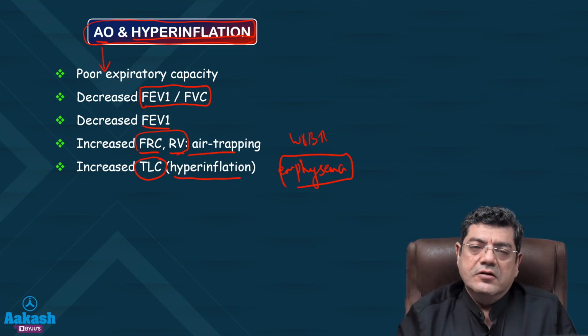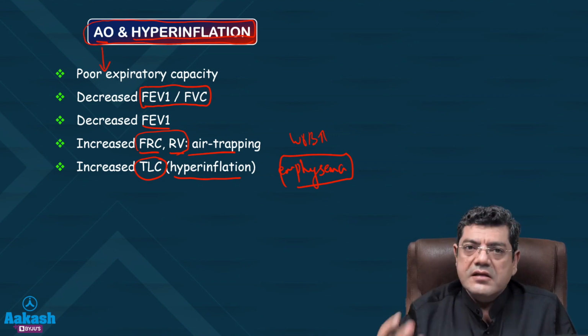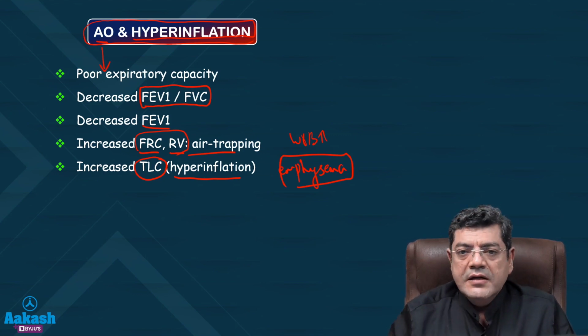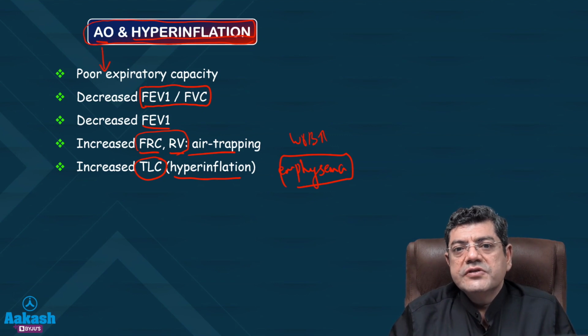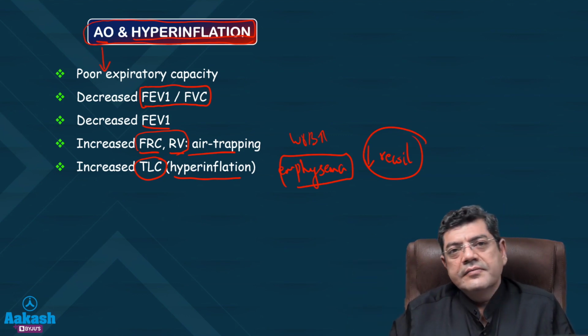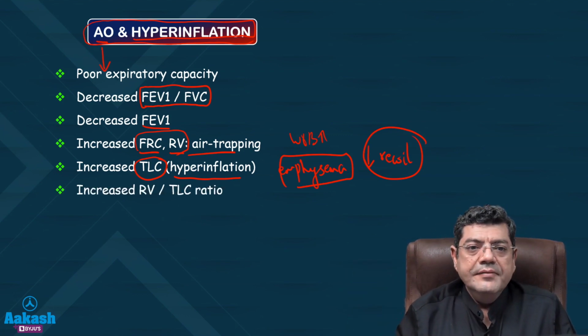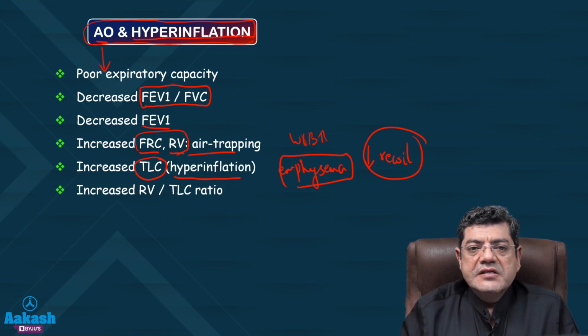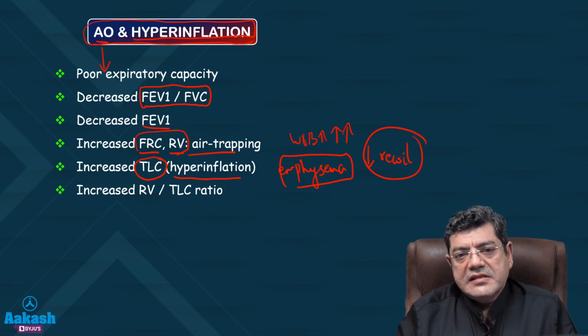That's the seat of elastic recoil. That's where elastic recoil is exerted from. So if all that tissue which is exerting elastic recoil is reduced, that recoil capacity is also reduced, and that allows the lung to be inflated to a chronically higher volume, right? And since the residual volume is high, very high, the TLC is either normal or only slightly increased.